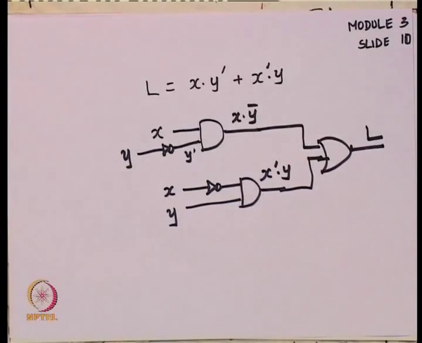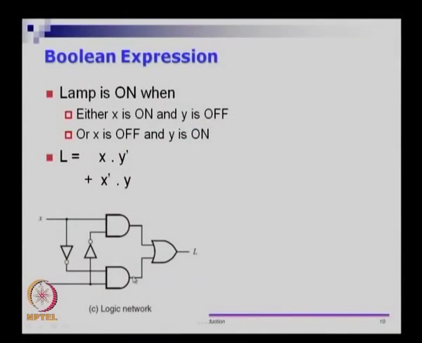The logic network that we need, or the circuit that we need, is essentially a slightly redrawn version of this. On paper I had two different X inputs and two different Y inputs. Here I am showing that it is actually coming from the same input. This line goes as X and this comes as complement, and if you notice there is a filled circle here.